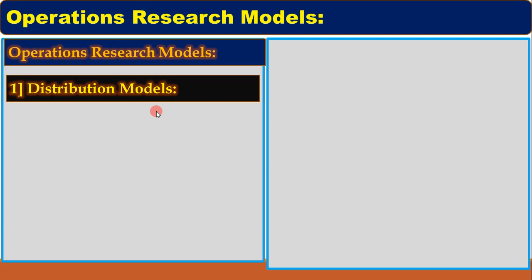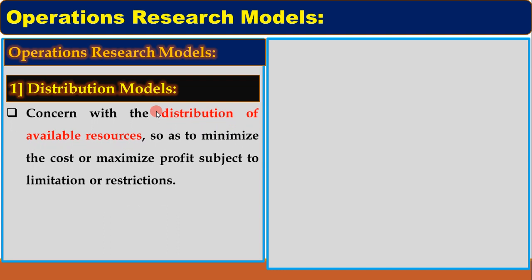So first model is distribution models. This distribution model is concerned with distribution of available resources so as to minimize the cost or maximize the profit, which is subjected to some restrictions or limitations.